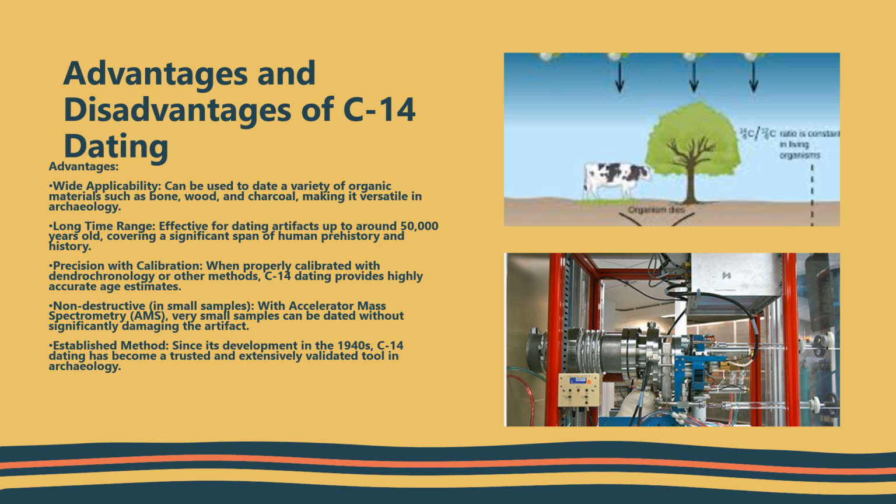Its long time range, up to 50,000 years, allows us to date objects from early human history through more recent times. It also provides high accuracy when properly calibrated and can be non-destructive with modern techniques like AMS, which require very small samples.